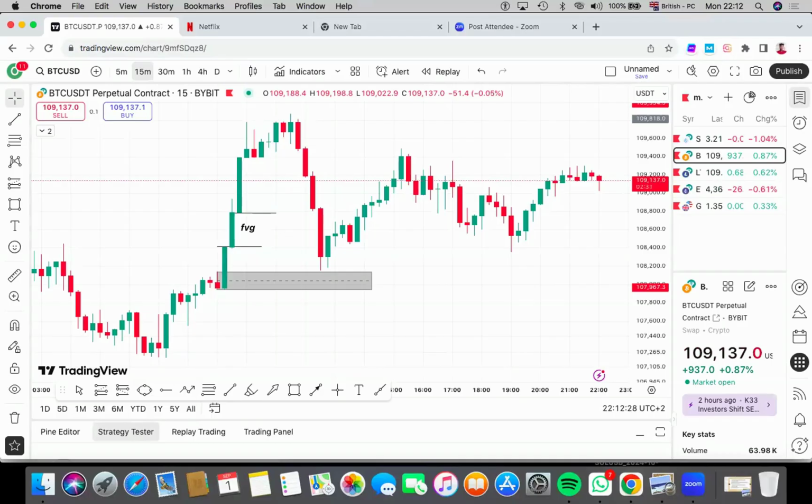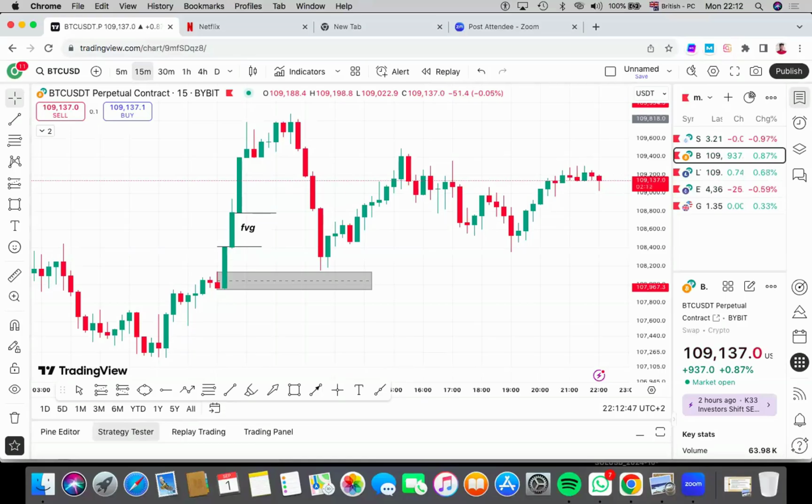Yeah, so let me break it down. So for example, imagine there is smart money, the bank. Okay, me and you, we are retail traders. But then there's a bank somewhere that has $100 billion that wants to trade.